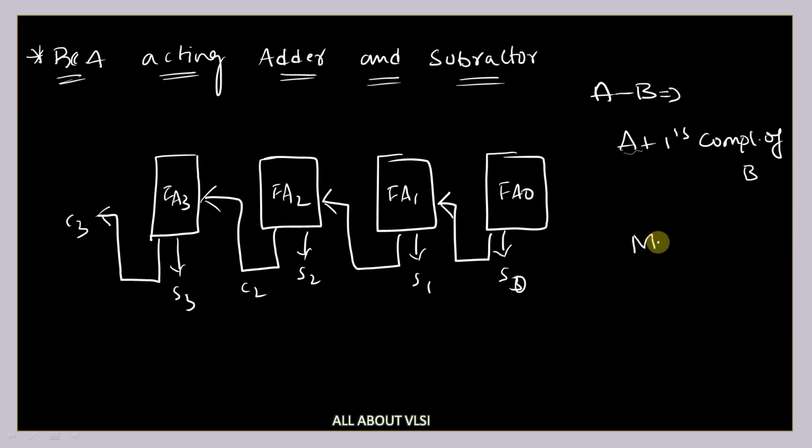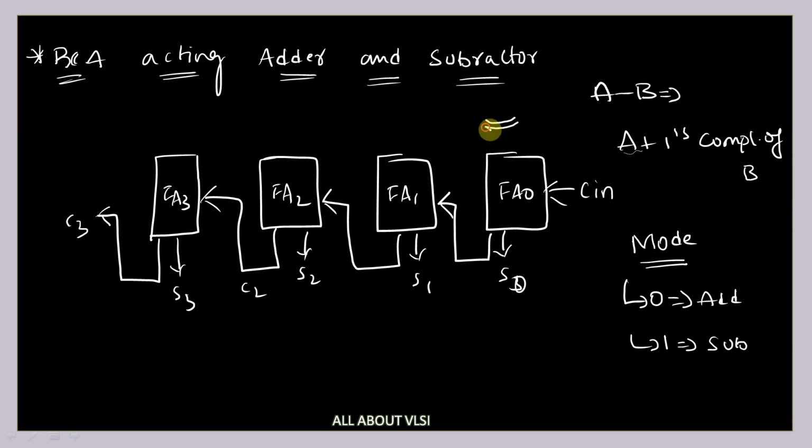known as mode. So if my mode is equal to 0, it is going to perform addition, and if my mode is equal to 1, it is going to perform subtraction. So what I'm going to do is feed B to XOR gates.